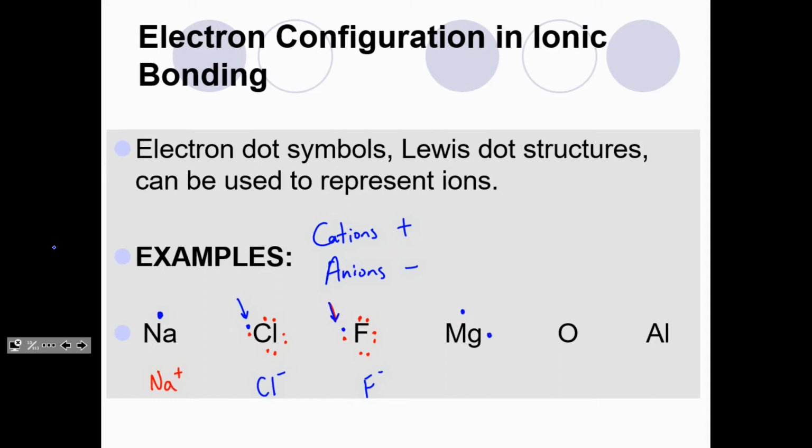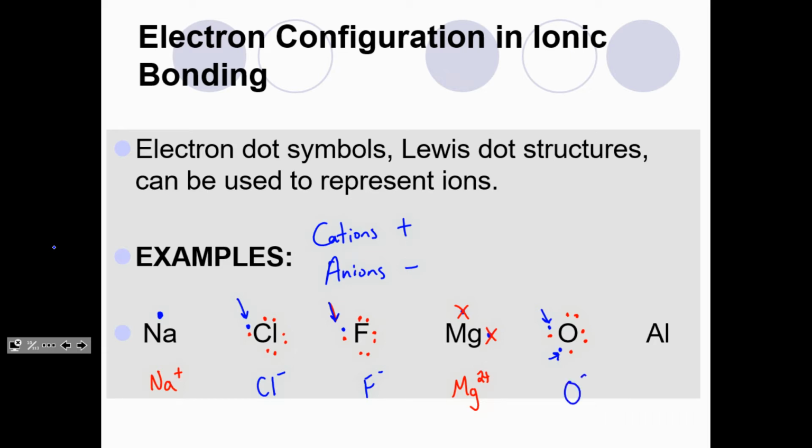Magnesium has 2 electrons. It is going to lose those 2 to become Mg2+. Oxygen has 1, 2, 3, 4, 5, 6 to begin with. And instead of losing 6, it's just going to pick up 2 more.